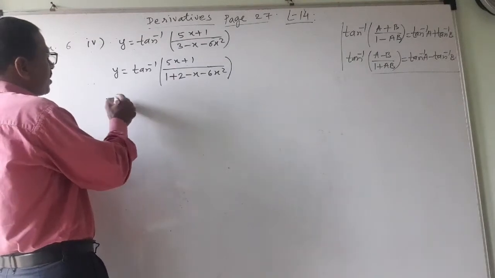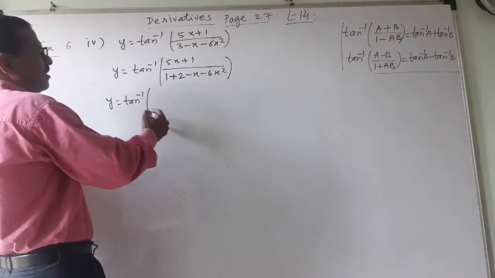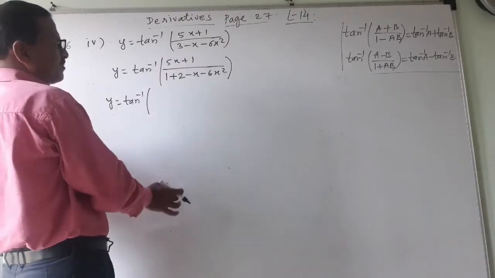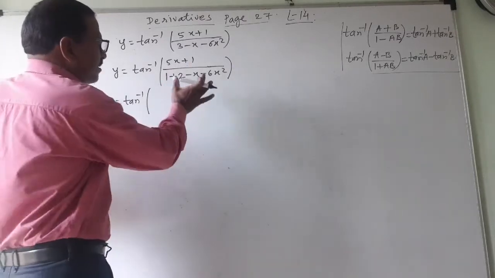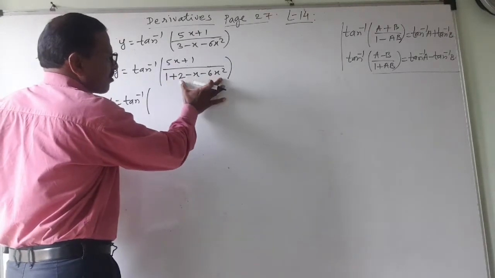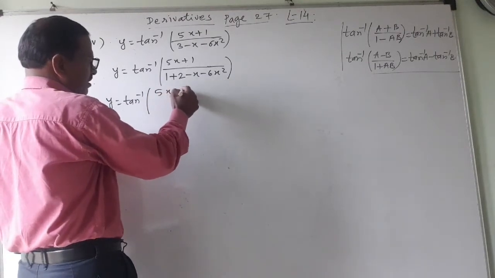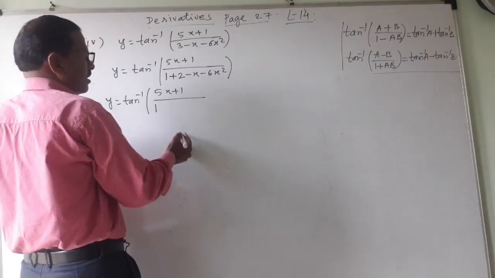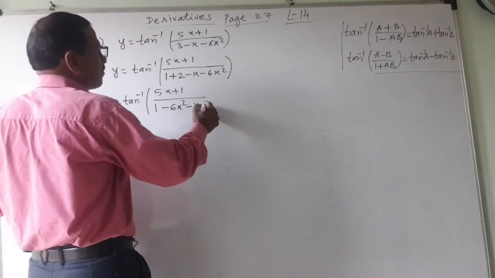So y is equal to tan inverse of, here I want a plus b, and here this should be the product of a into b. That means I have to factorize this. This is a quadratic term. So 5x plus 1 upon 1 minus 6x square minus x plus 2.